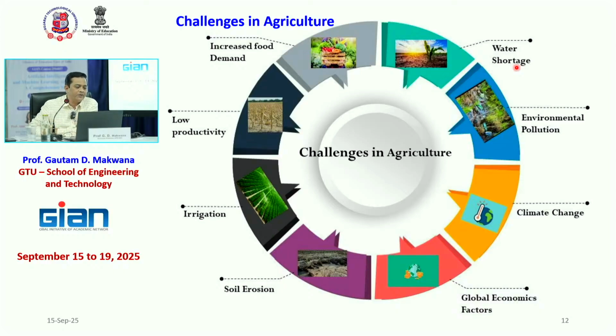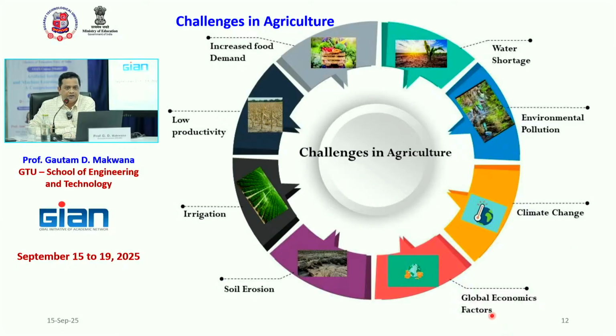Then there are environmental pollutions because of industrialization, so the environment is not suitable for crops. This is one of the challenges in agriculture. Climate change. Today is summer, but it rains sometimes, and in monsoon we see a different kind of climate. There is a global climate change scenario, and because of this it will affect the agricultural sector also.